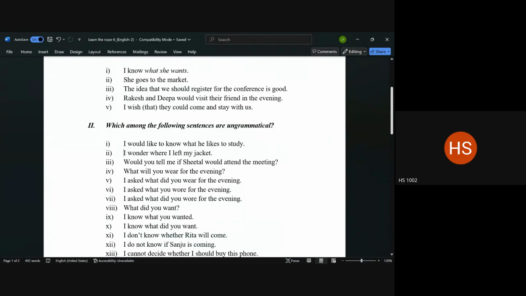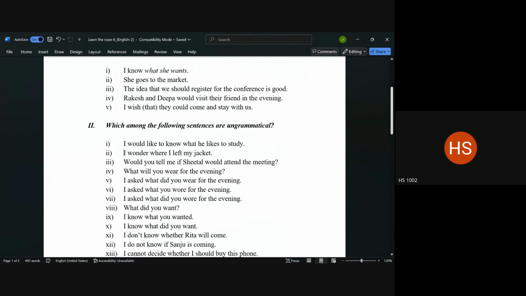Because of this difference, there could be problems in the way we construct question clauses in English, because in English, construction of a question clause and construction of a question sentence, which is an interrogative sentence, are two different things.